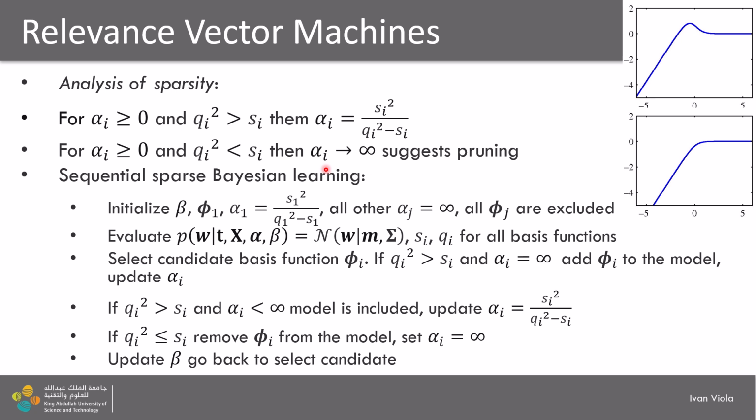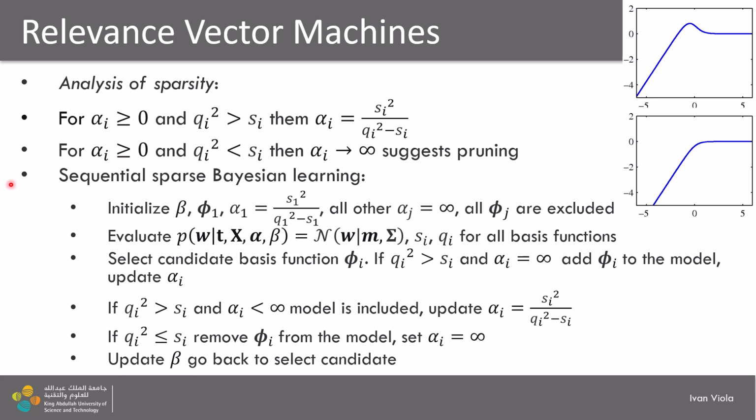So if the quality squared is smaller than the sparsity, then this is a basis function which is not contributing to our model substantially.